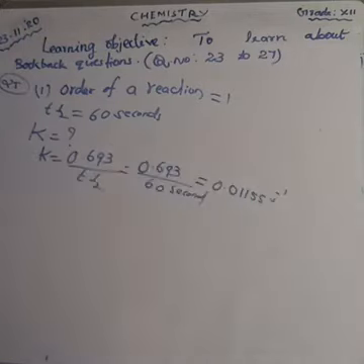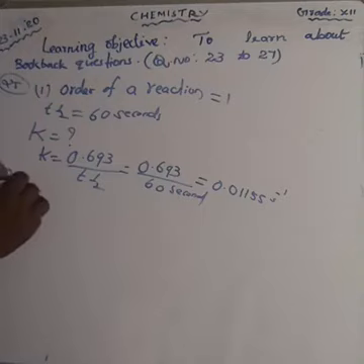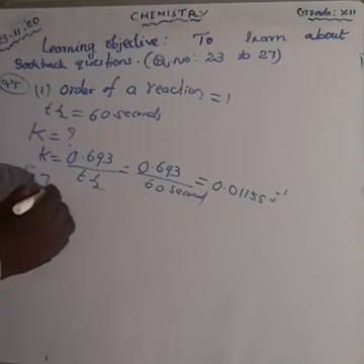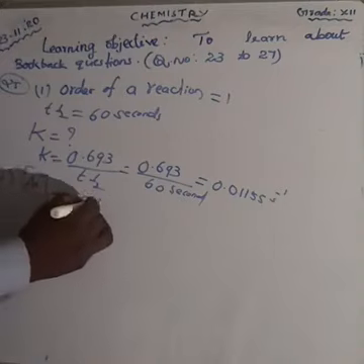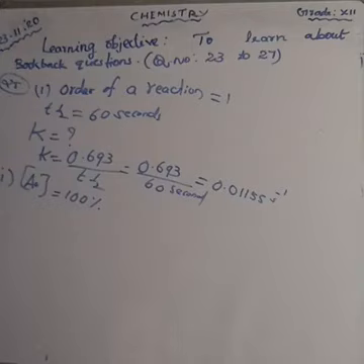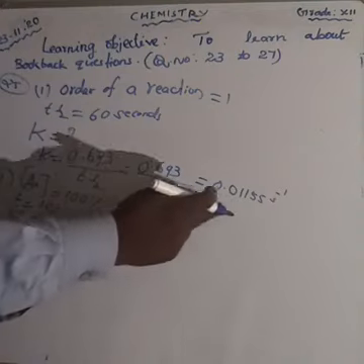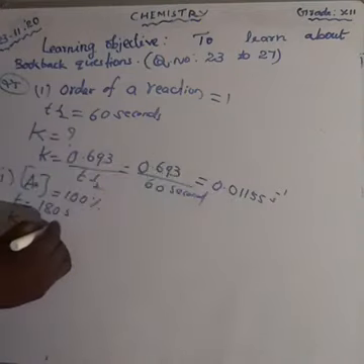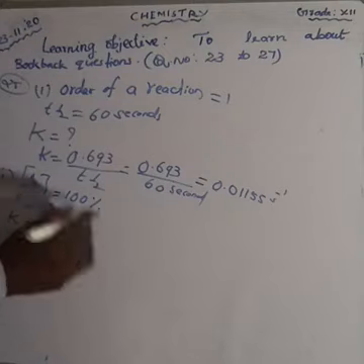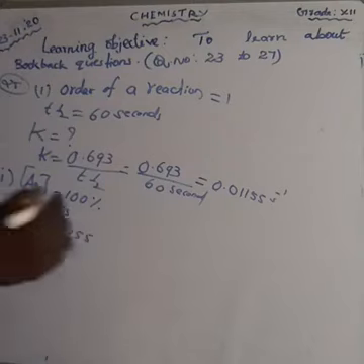This is the value of K. Next step is to calculate A. Here A naught is equal to 100%, as per the question. T is equal to 180 seconds, and K is already given as 0.01155 second inverse.